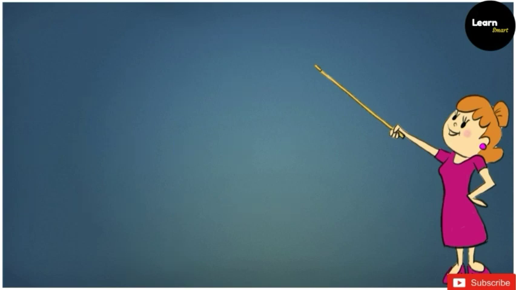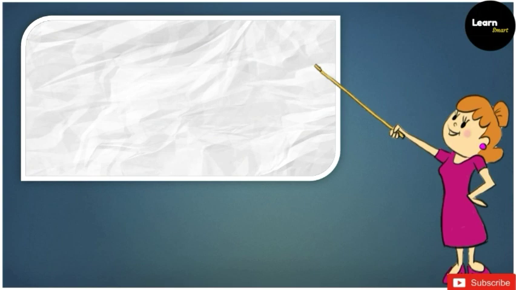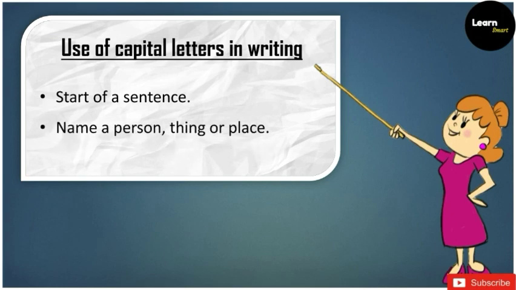Now learners, tell me, where do we use these capital letters in writing? No idea? Okay, I'll explain it. We use capital letters at the start of a sentence, and when we want to name a person, a place, or a thing.